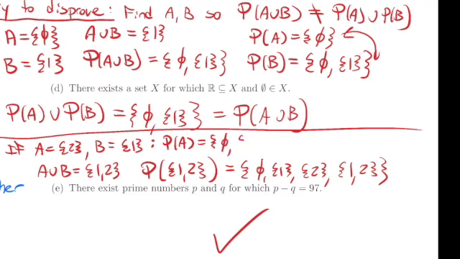Whereas the power set of A would just be the empty set and the set containing 2. And the power set of B is the empty set and the set containing 1. And so now we've got a counterexample because this is in this set over here, but it's not going to be in the union of the power set of A and the power set of B.